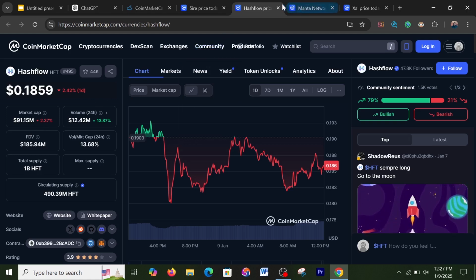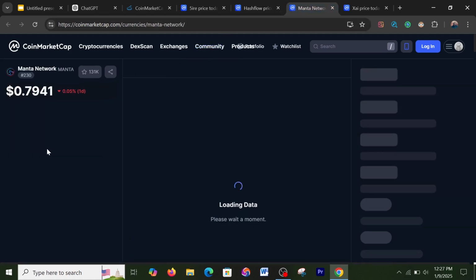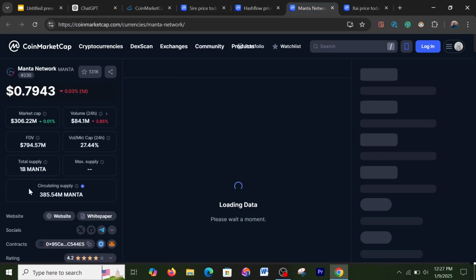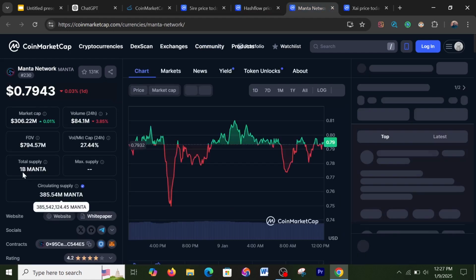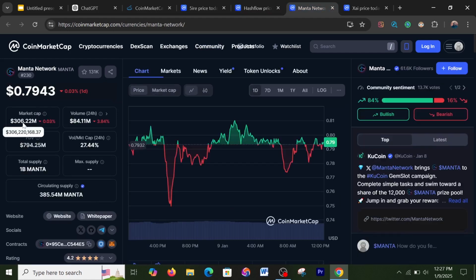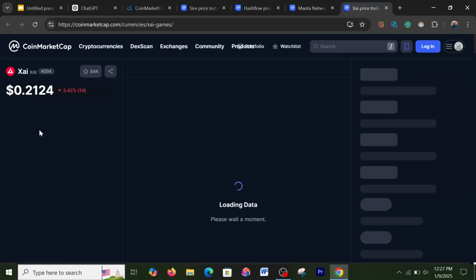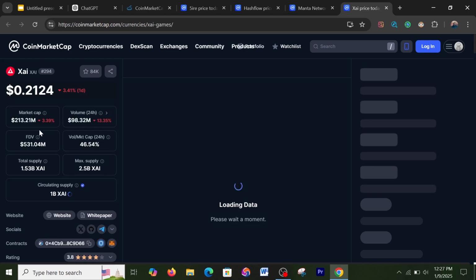So let's check the other one. Manta Network has 385 million in circulation, 1 billion, and 306.22 million in market cap. You see, then Zile is 213 million in market cap.